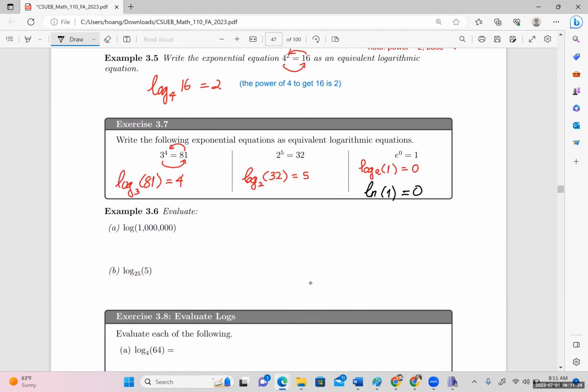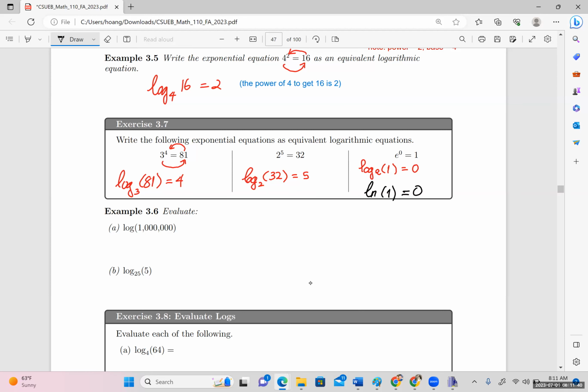Now we're going to try to evaluate log of 10,000. No, sorry, 1 million. How do we evaluate that?